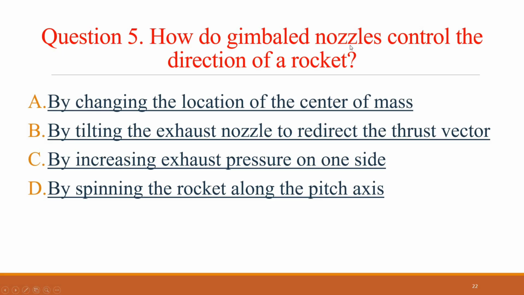Question 5. How do gimbaled nozzles control the direction of a rocket? The correct answer is by tilting the exhaust nozzle to redirect the thrust vector.